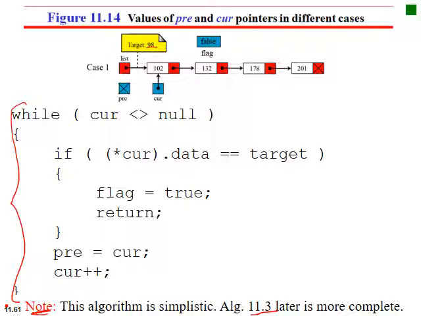The moment that current gets to this point over here, it will still point to that element, but then when we advance and it points to null and the pre-pointer points to this, it's in this scenario that we know we must stop. Okay, so while our current pointer is not equal to null, we may continue to search here. Obviously the current pointer in the first case points to the first element and it's not null.